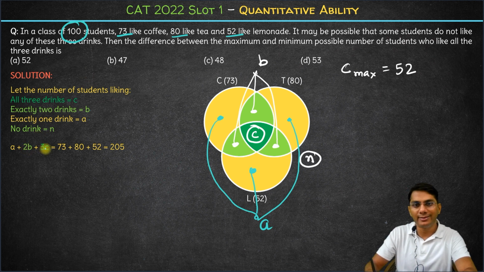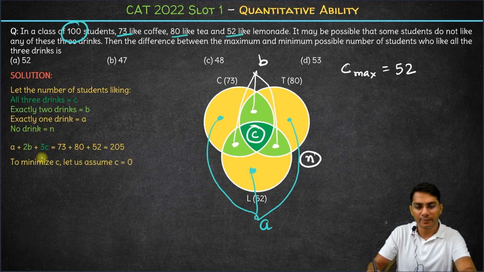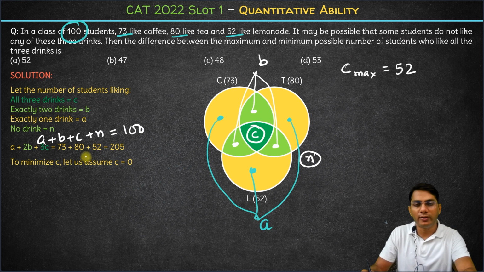So A plus 2B plus 3C is equal to the sum of all these, which is 205, and also A plus B plus C plus N is equal to 100. Now we know the maximum value of C is 52. Now we need to minimize the value of C.